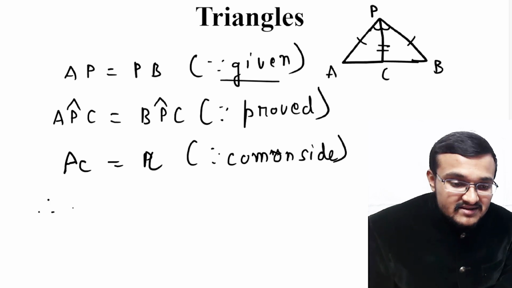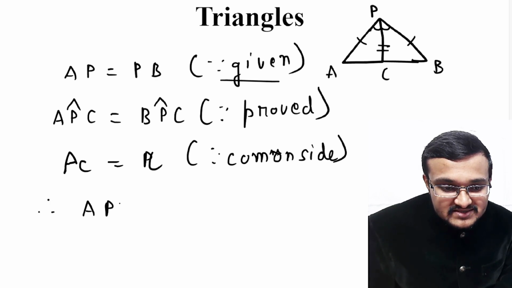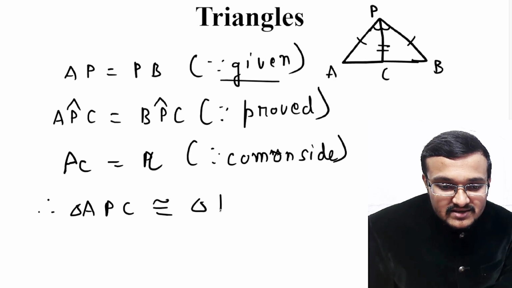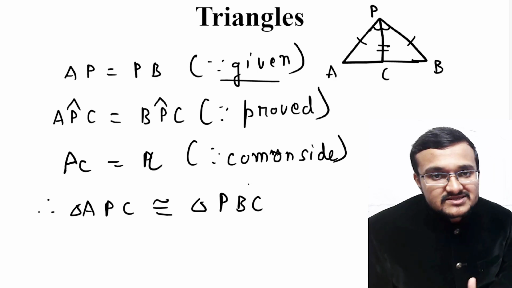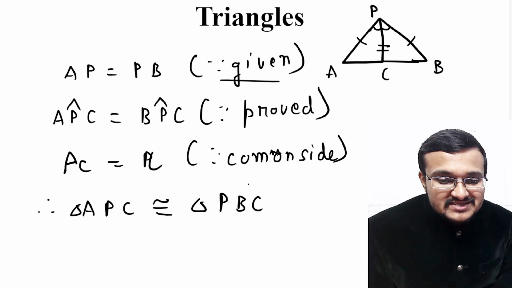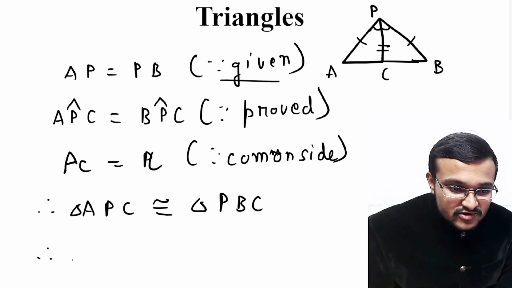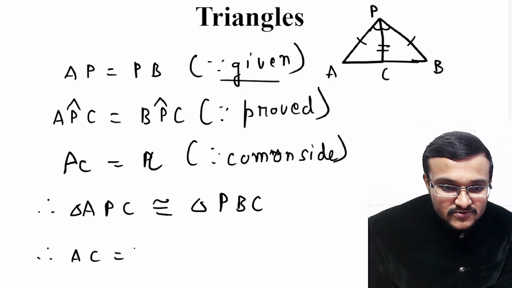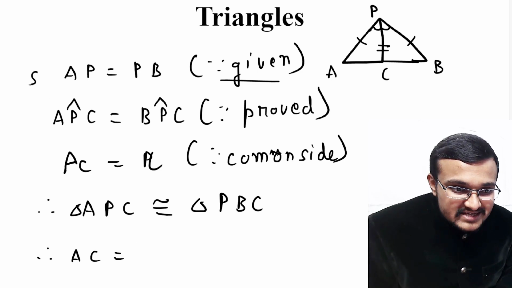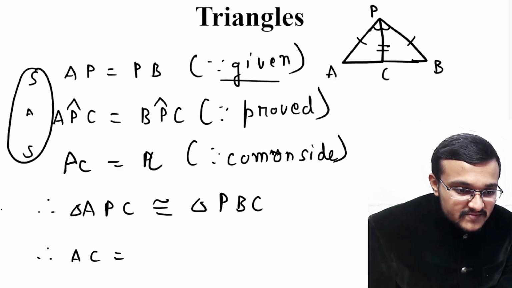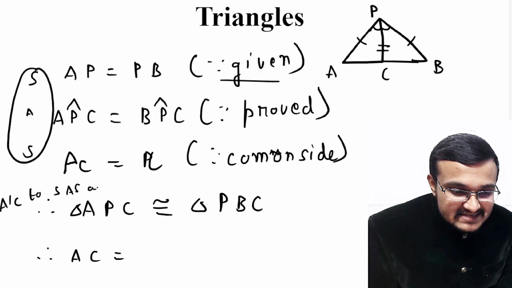So that means triangle APC is congruent with triangle PBC. You have to write that according to the SAS axiom.